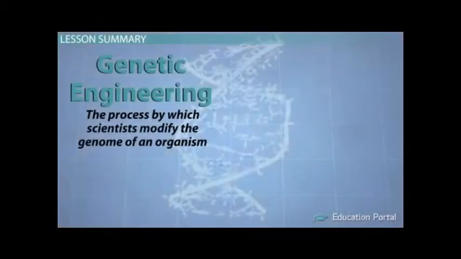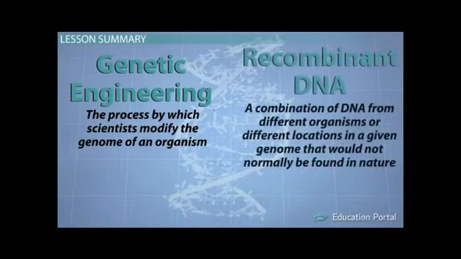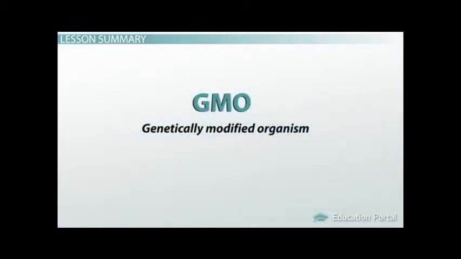In summary, genetic engineering is the process by which scientists modify the genome of an organism. Recombinant DNA is a combination of DNA from different organisms or different locations in a given genome that would not normally be found in nature. GMO stands for genetically modified organism.